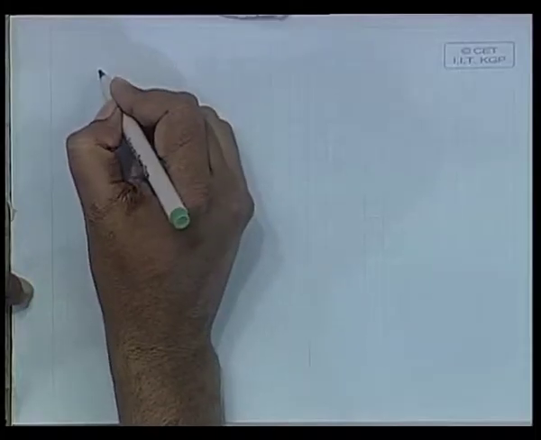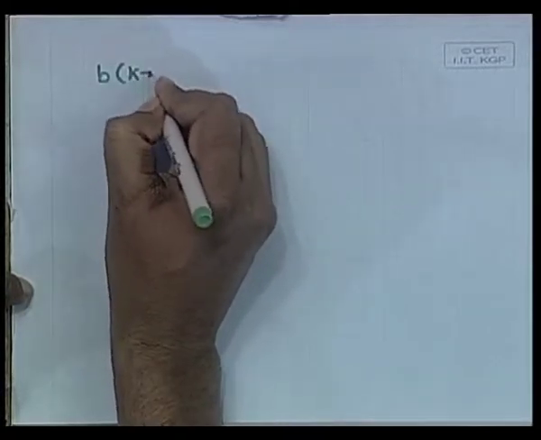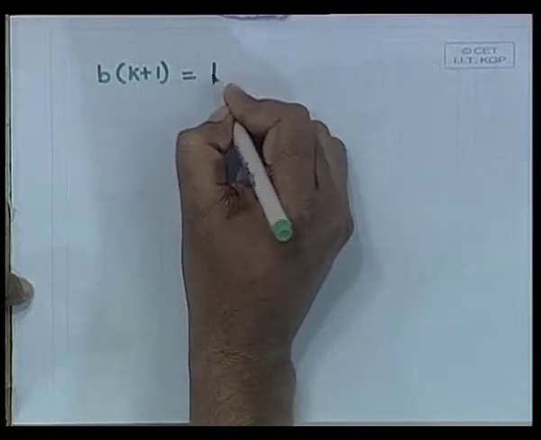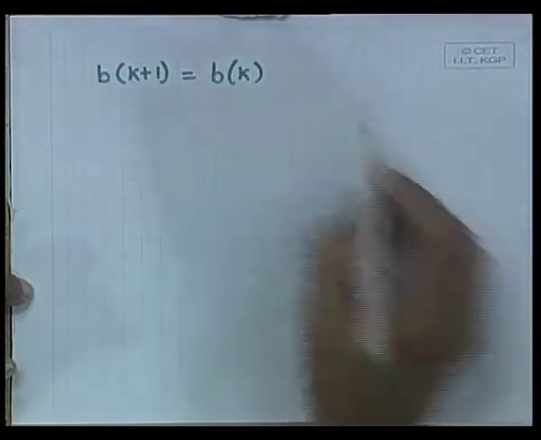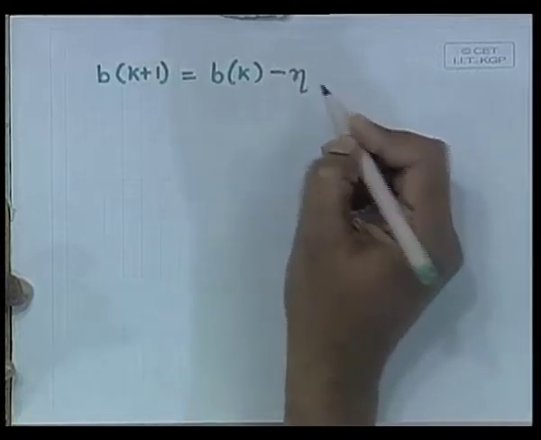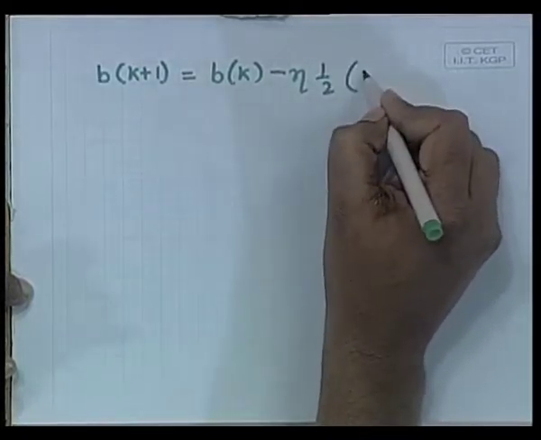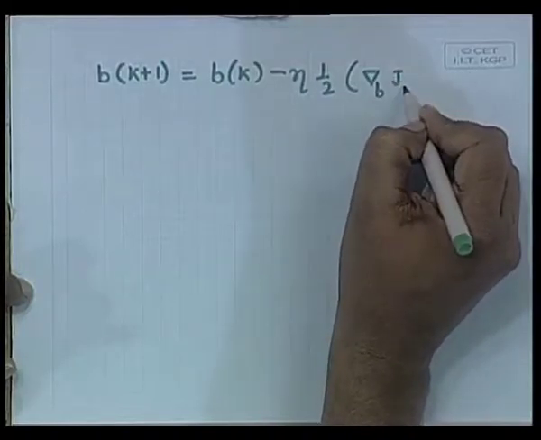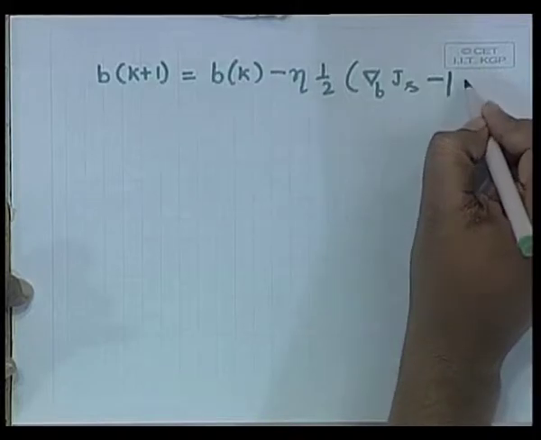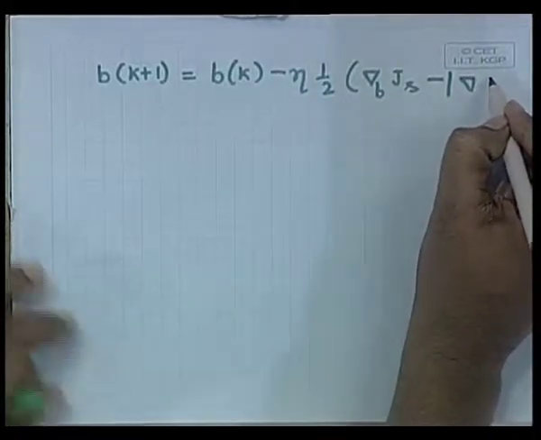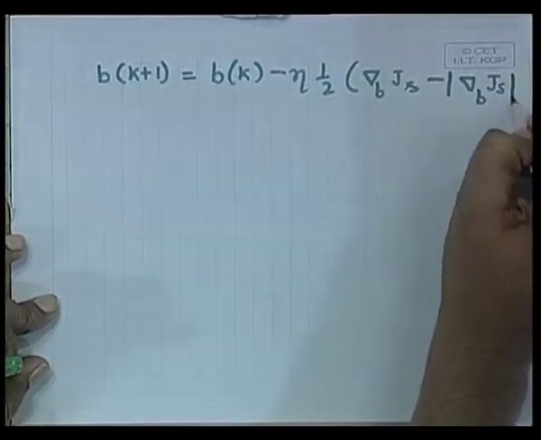We can only allow increment of the components of B, not reduction. So at every iteration I can have B(k+1) equal to B(k) minus eta, the rate of convergence, times half of the gradient of J_S with respect to B minus the modulus of the gradient of J_S with respect to B.